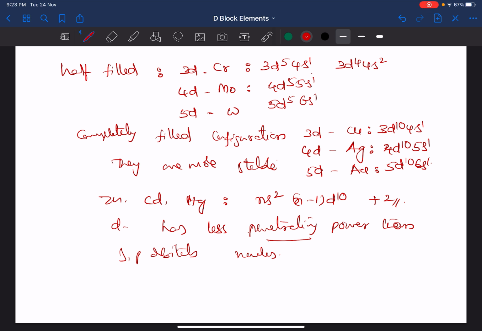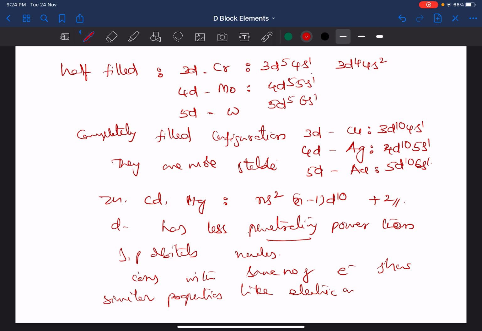It is highly influenced by the other molecules. And ions with the same number of electrons show similar properties, like electrical and magnetic properties.